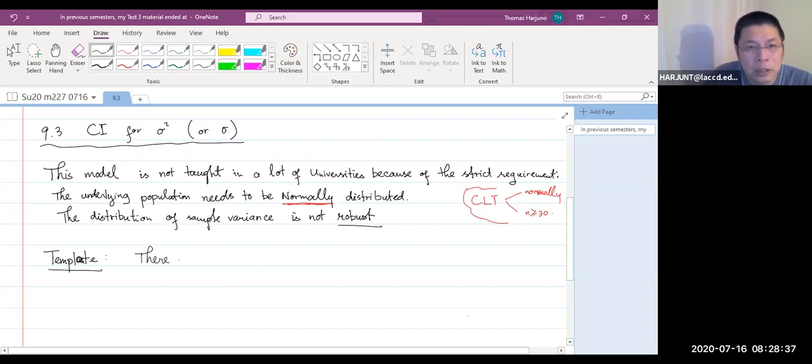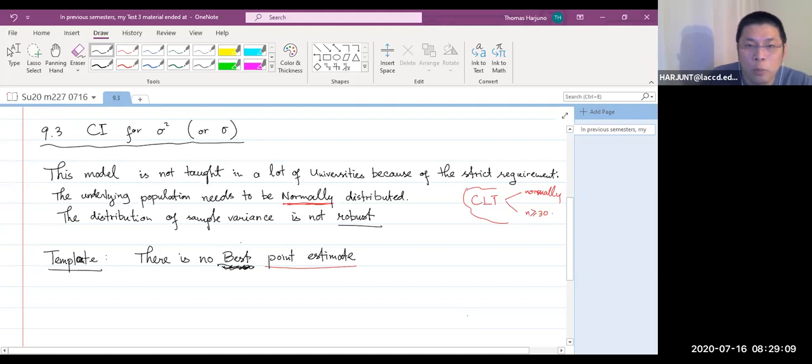Some textbooks, I think including our textbook, say there's a point estimate later on, but there's not a best point estimate. I need to de-emphasize the word best here.